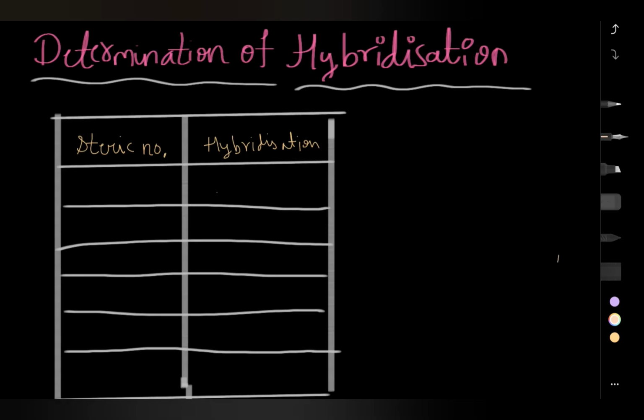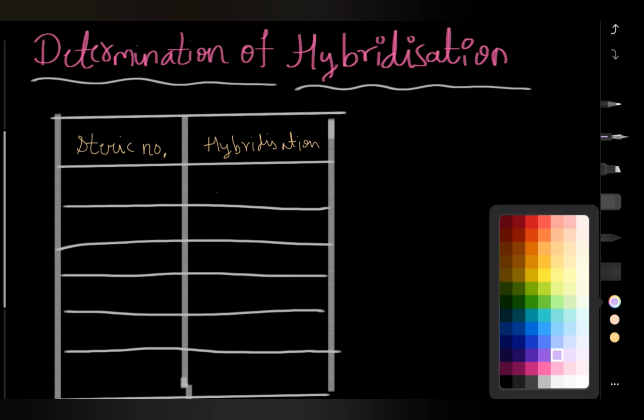These concepts will help you in most of the upcoming chapters, in organic, inorganic, physical, whatever it be. Hybridization is the basis of the whole JEE chemistry, so it is important to know how to determine it first.